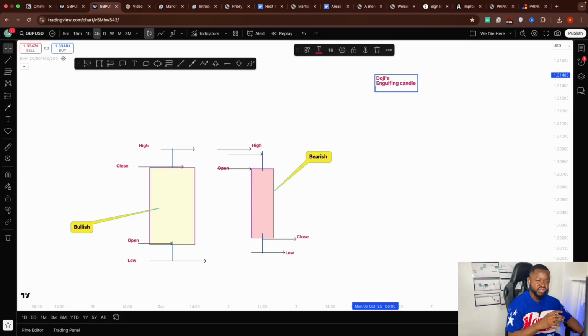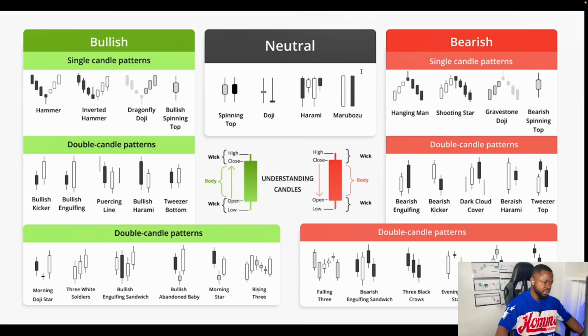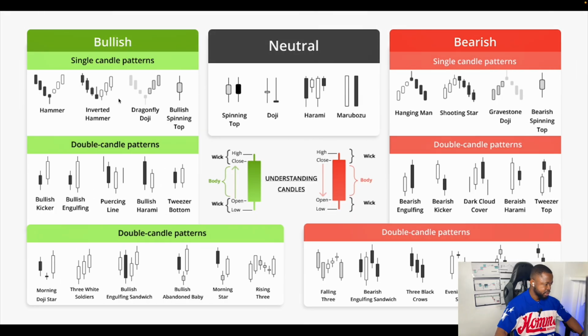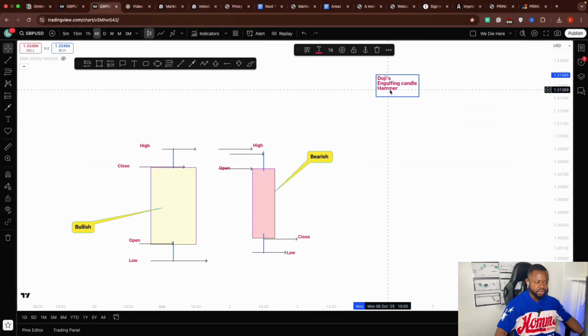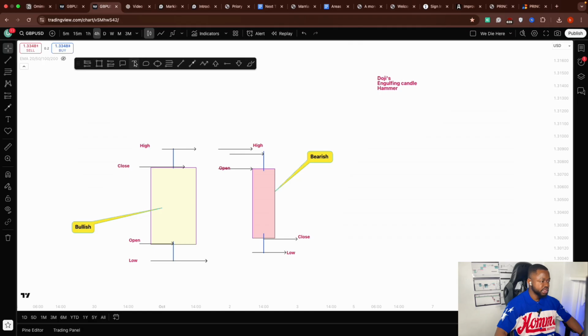You don't need every other candlestick. So we have the hammer formation. We have the hammer. What do we have again? Let's see. The single candle, we have the doji, we have the dojis, we have the hammer, we have the engulfing candle, and I think that's about it. Dojis, hammer, engulfing candle. So these are going to be the single.